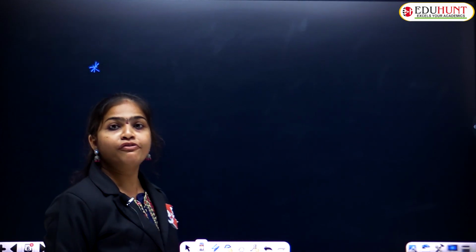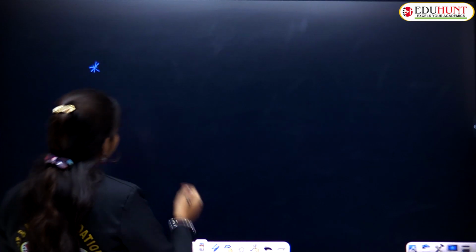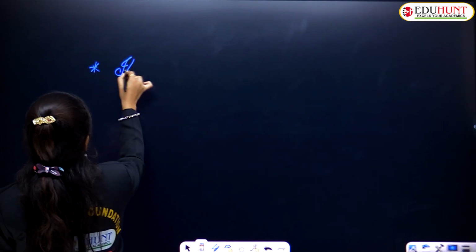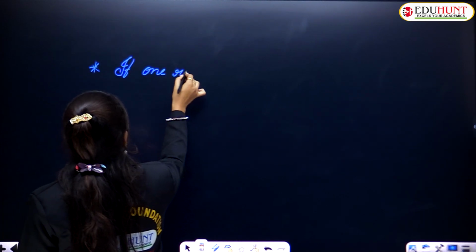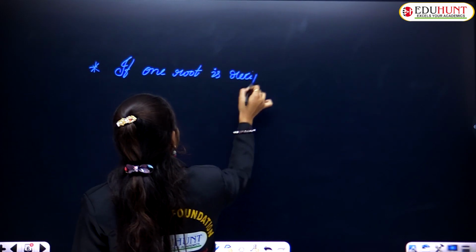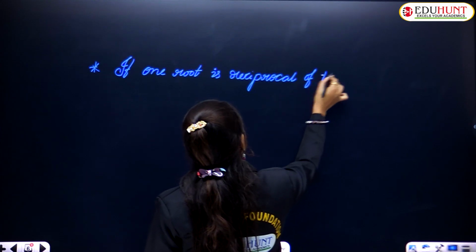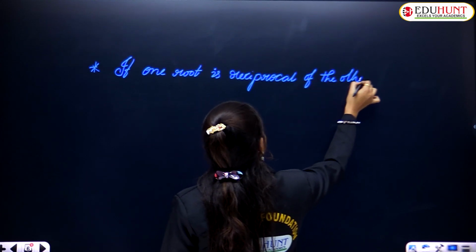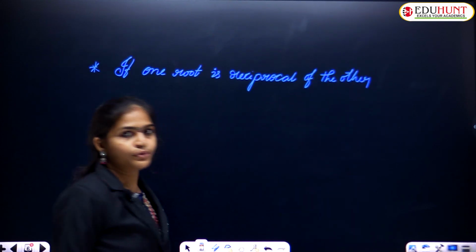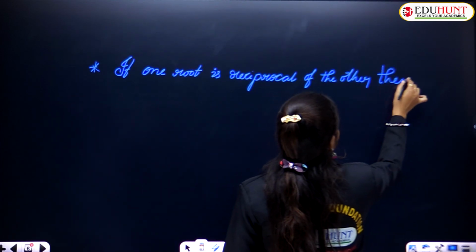See here, if one root is reciprocal of the other, what is the next condition? If one root is reciprocal of the other, in that case, what is the condition?